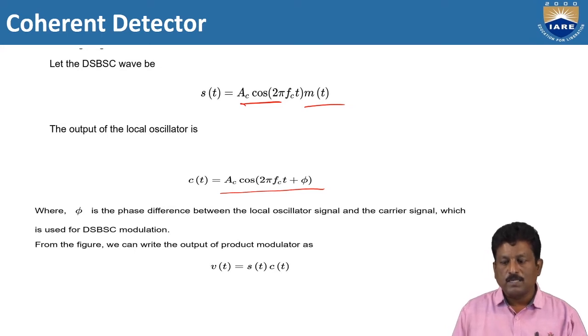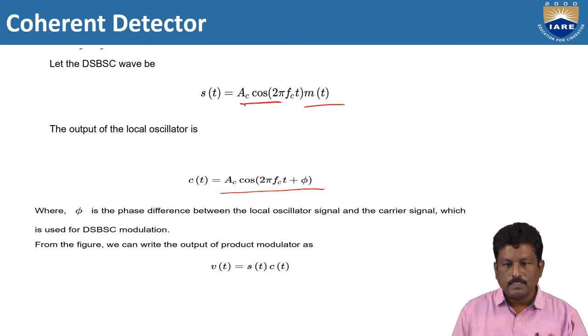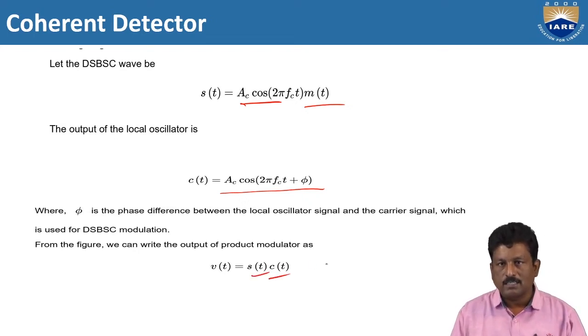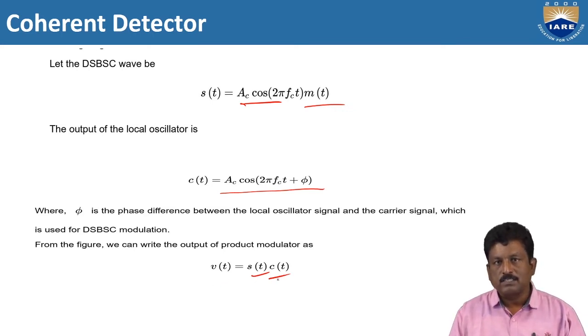The output of the product modulator is a product of both the received modulated wave s of t and the locally generated carrier signal c of t. So v of t equals the product of s of t and c of t. The name itself indicates it is a product modulator, which generates the product of the given inputs.